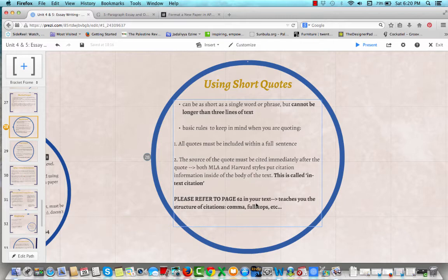Guys, it's not that you need to memorize this. This is more practice. You need to be able to understand how to write a short quote and how to write a long quote. Even I myself forget sometimes the structure, and I sometimes forget how to do Harvard citation. But I simply go back online and refresh my memory, and it's okay.